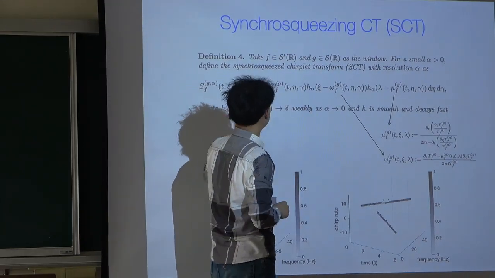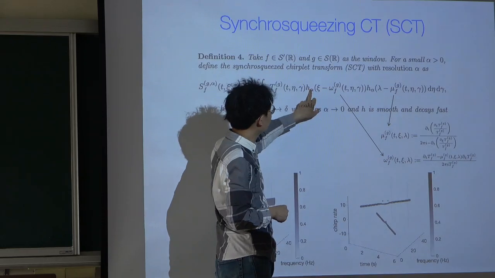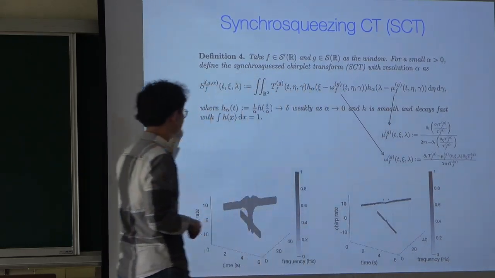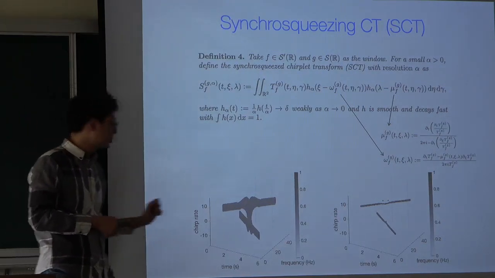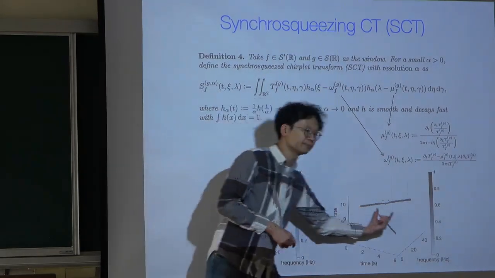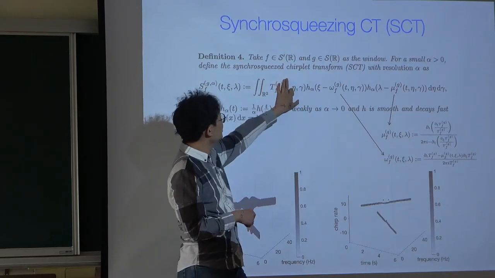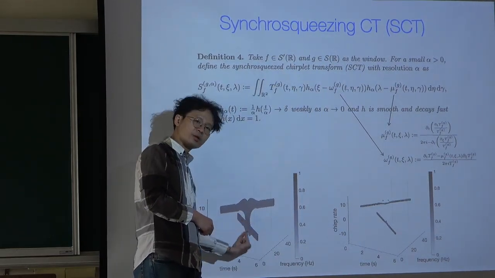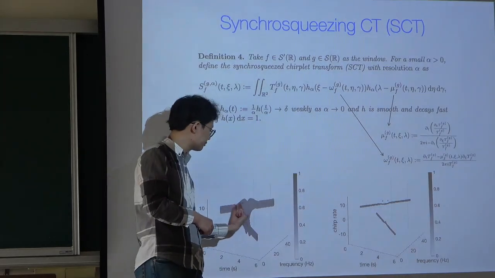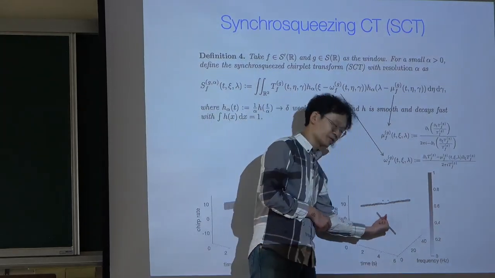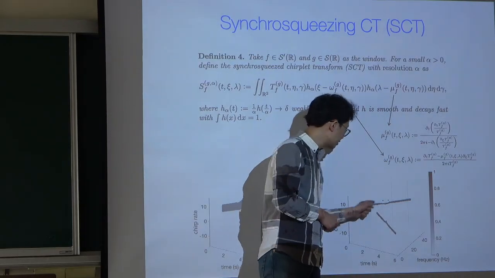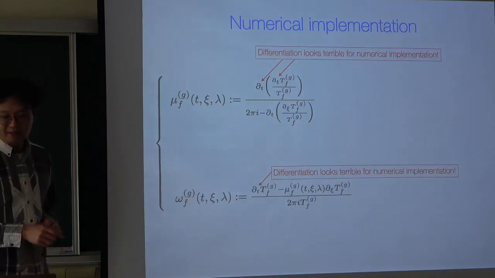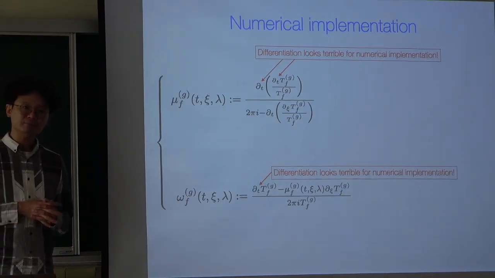You have some kind of delta-like behavior, and h is a smooth function that decays fast, and so on. And this is the result. If you just apply this squeezing, then you see that this part that has a very strong interference disappears. And you get two curves, which is nice, isn't it?